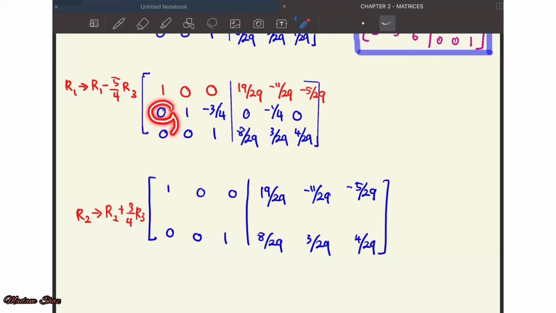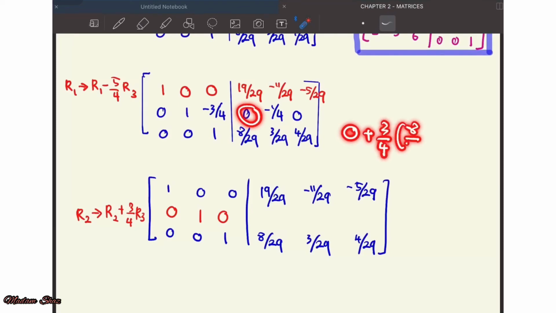0 plus 3 over 4 multiply 0 will become 0. This one will become 1. Negative 3 over 4 plus 3 over 4 multiply 1 will become 0. 0 plus 3 over 4 multiply 8 over 29 will become 6 over 29.